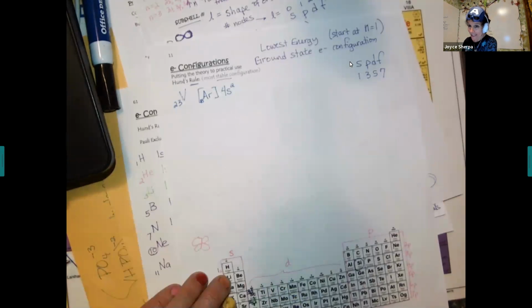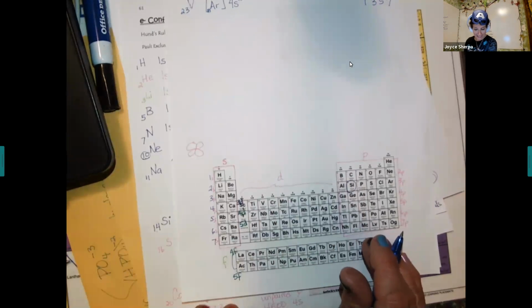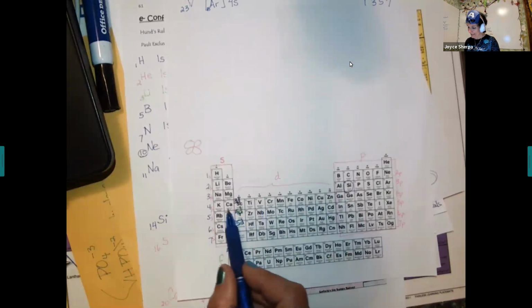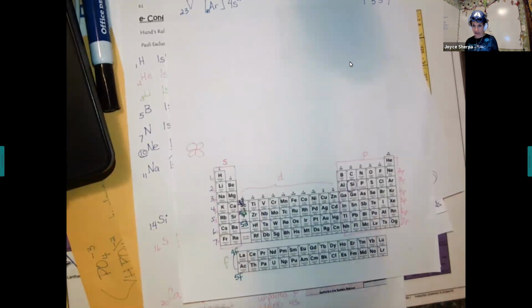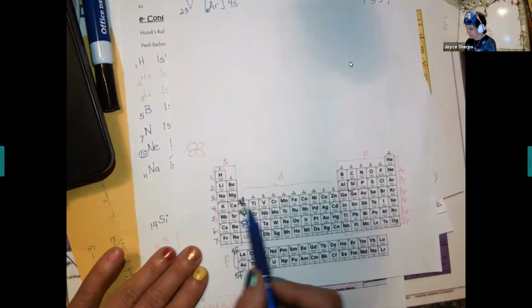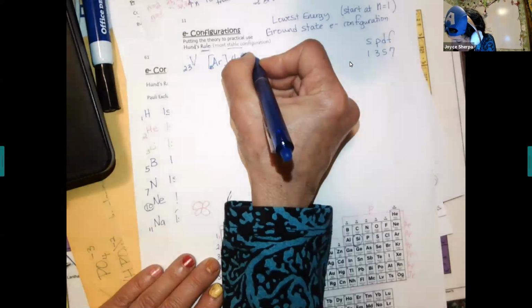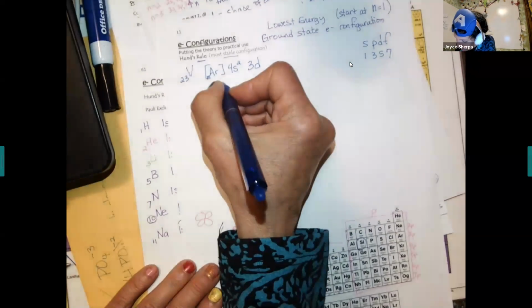All right. And then this is where having the understanding of the pattern on your periodic table matters: after the 4s, when you're here in the middle, you're in the Ds, and it goes from 4s to 3Ds. The S's and P's are always going to go with the row number. So 4s, 3D, and then we're back in the 4Ps. So 3Ds come next. We are showing from the lowest energy to the highest energy.